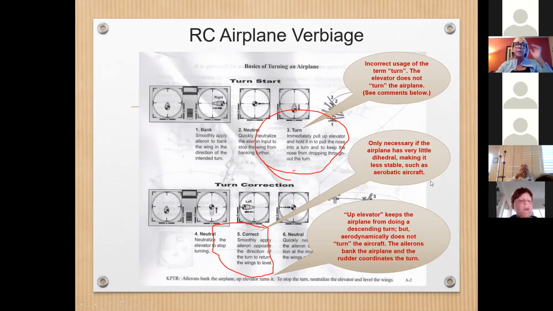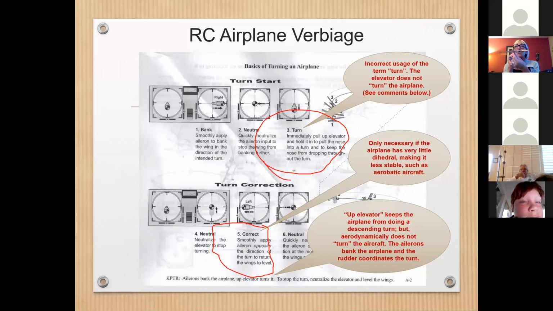So Don went out the other day because I was questioning this, and he tested it on the Apprentice. And when he banked the airplane, I don't know which way he banked it, but let's say he banked it to the left, and then he put his transmitter back into neutral, and the plane came back to neutral.